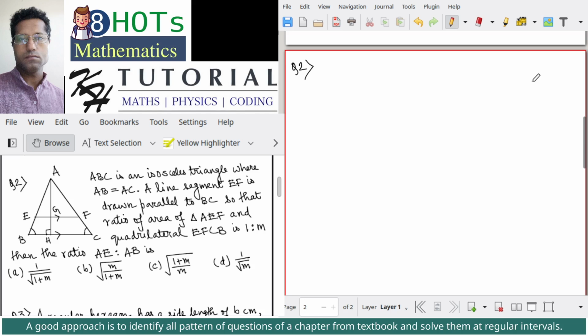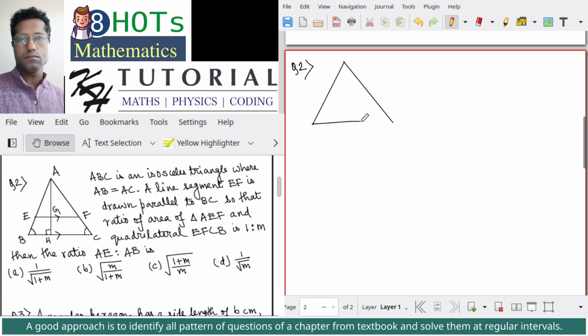Okay, we can see that there is a perpendicular AH drawn on BC, though no information is given about AH. Let me quickly draw the figure.